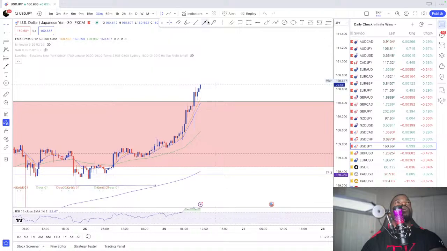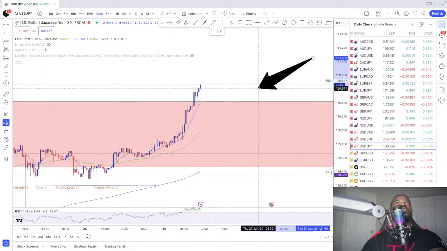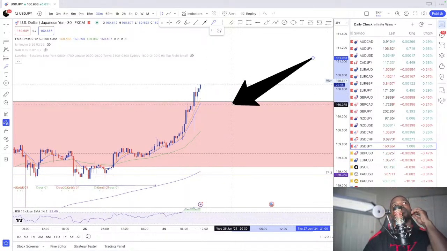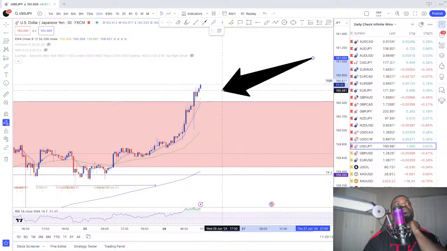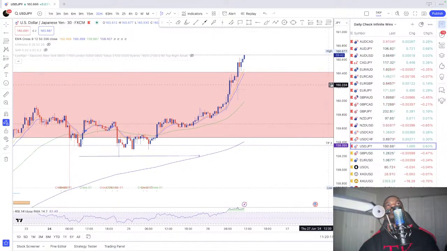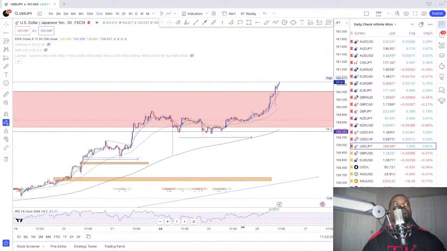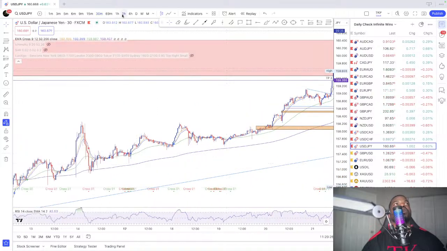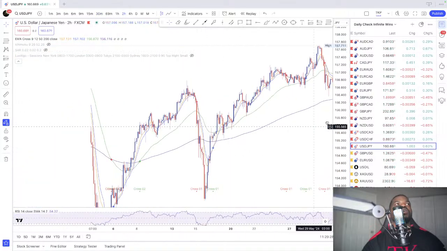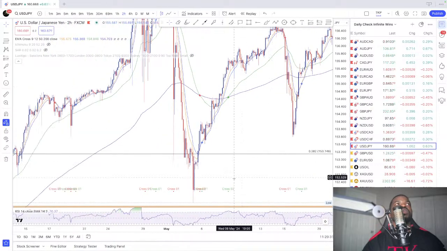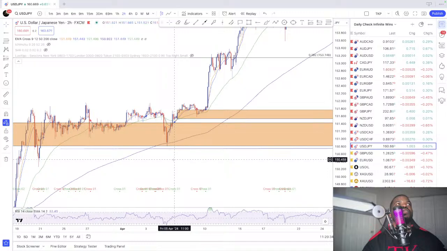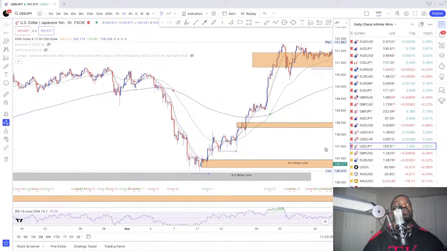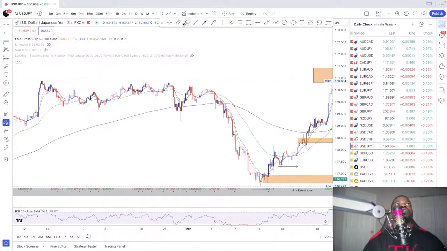Okay. So what we want to see, I'll help you guys out, give you a little hack. A lot of people use the 200-day EMA, but what we do with it is a little different. They wait for breaks above or below. We wait until it gets, let me go down to a higher time frame and go to the lows. So let's say we're looking for a trade setup right here.